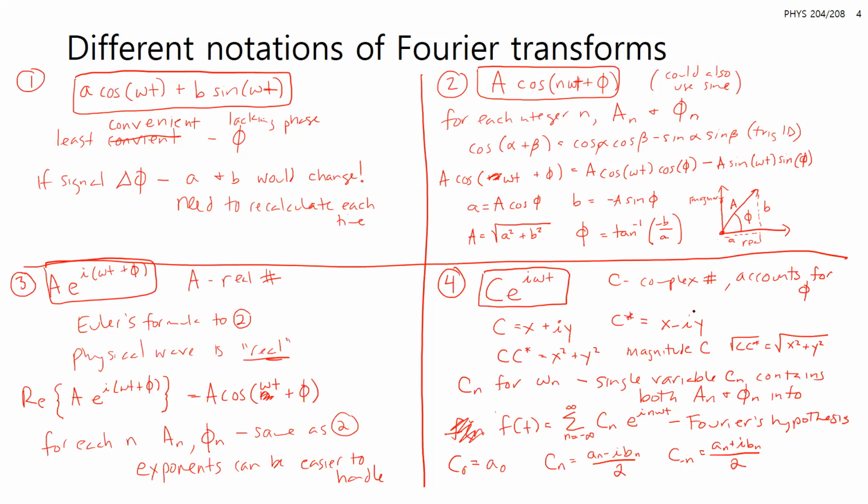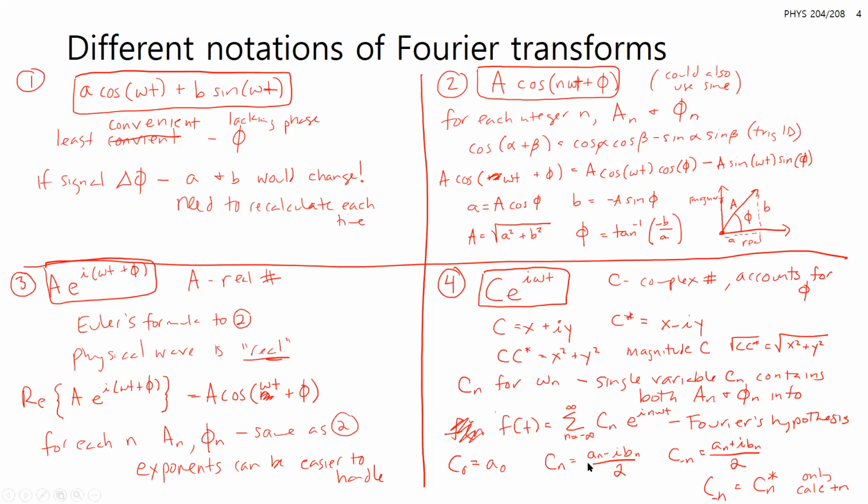This divided by 2 comes from the complex conjugate aspect, that C of negative n would be equivalent to the complex conjugate. So you only have to calculate the positive n terms. That's going from notation 1 to notation 4 here.